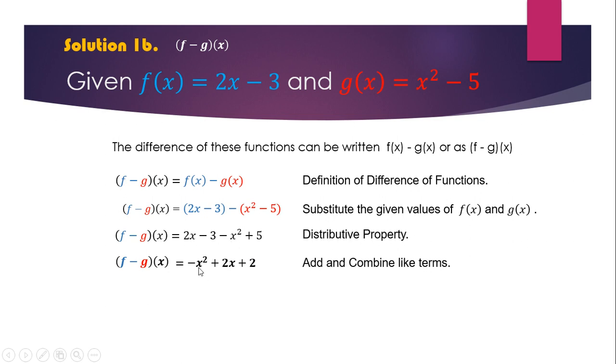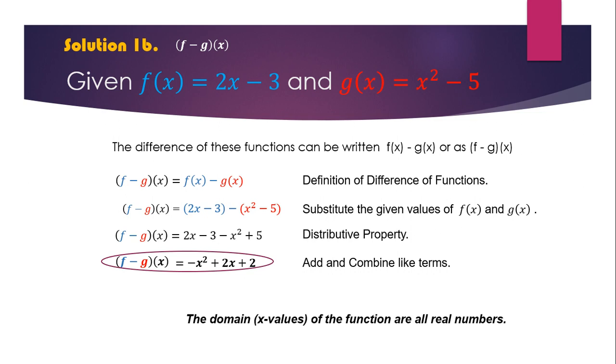Copy negative x squared, then copy 2x. The operation is addition. And negative 3 plus 5 is positive 2. Therefore, the final answer for the difference of the two functions f and g is equal to negative x squared plus 2x plus 2. So the domain or the x values in this function are all real numbers.